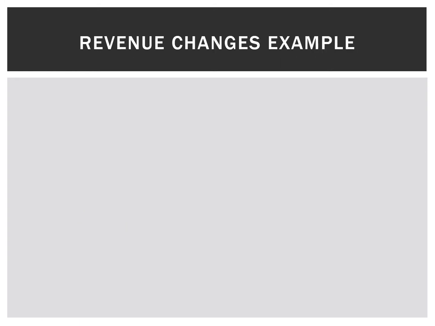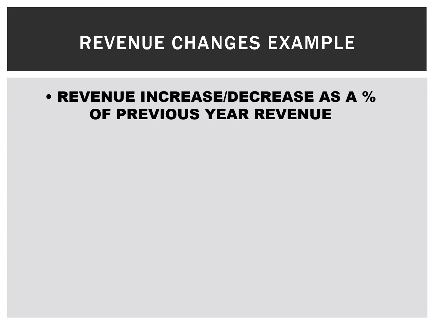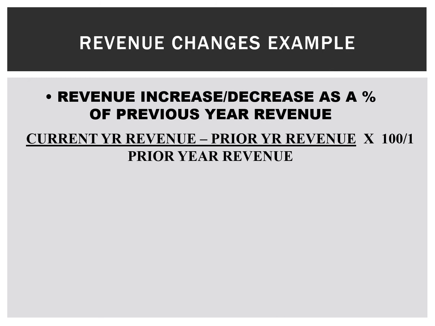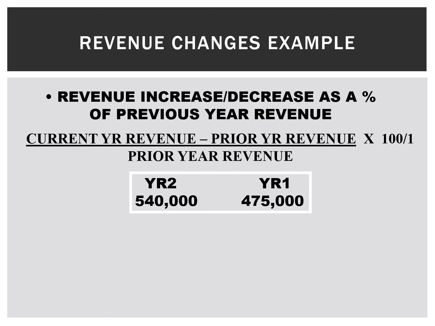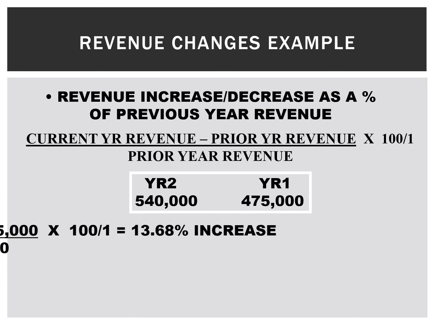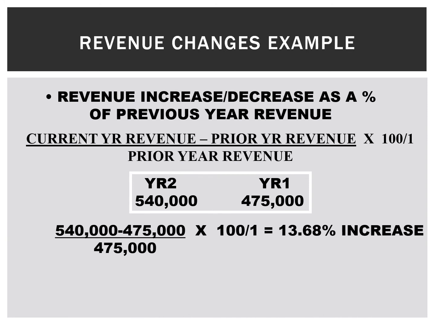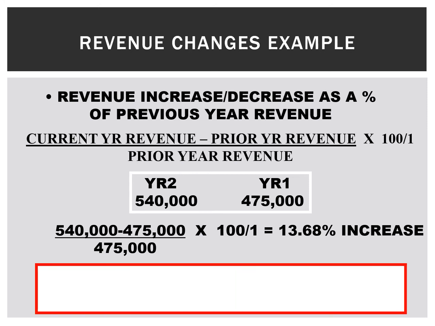So remember, we expressed the change in revenue as a percentage of the first year's figure. That's the calculation there. So if we apply that to our example figures, year 1 475,000, year 2 540,000, so the increase there expressed as a percentage of year 1's figure is 13.68%.